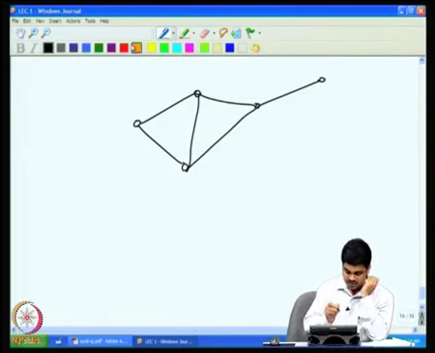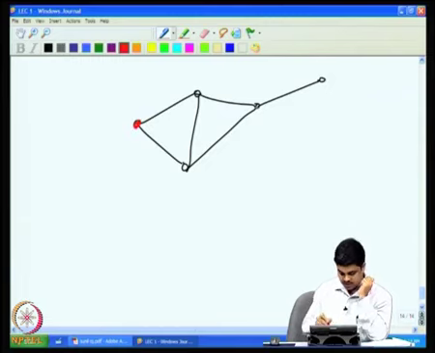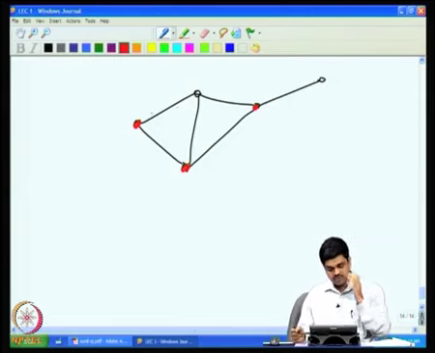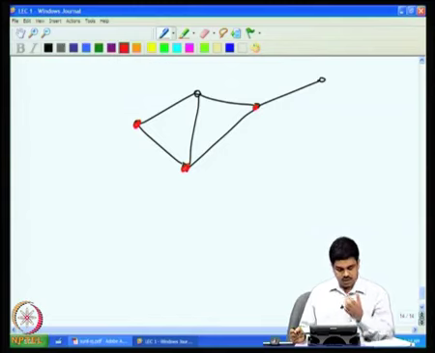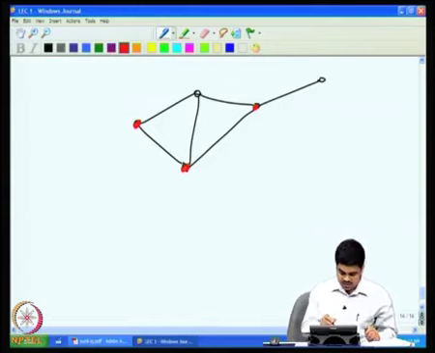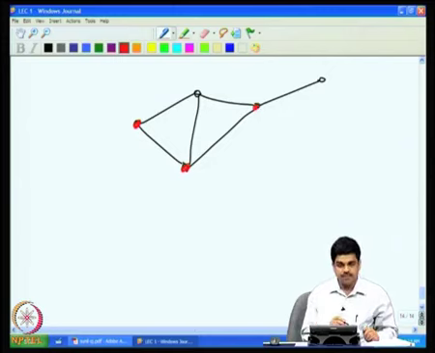For instance, let me take this vertex, this vertex and this vertex. Now, take any edge, say this edge: both endpoints are red. Here is another edge, and one endpoint is red. Every edge has at least one endpoint red.